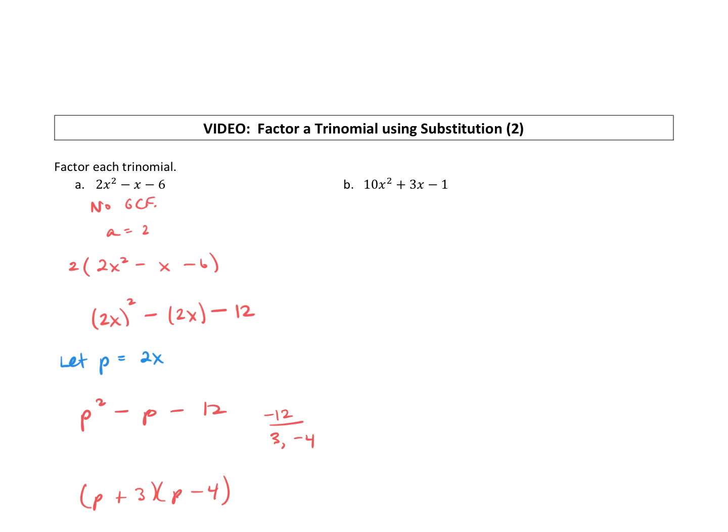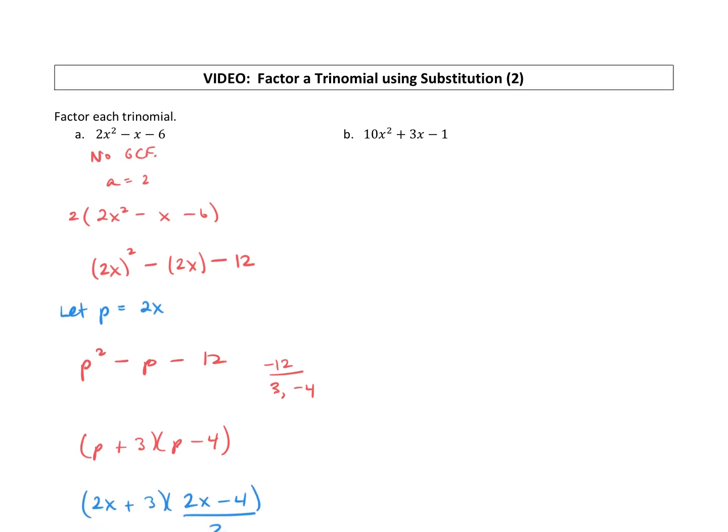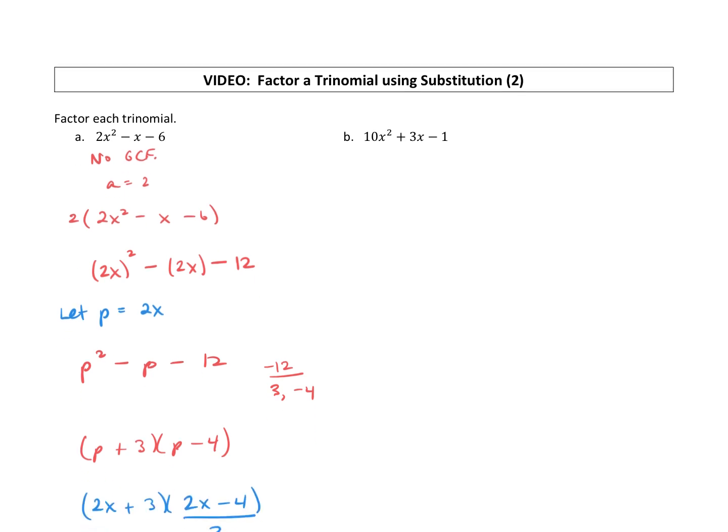All right, so we're going to try one more. We have a trinomial to factor, 10x squared plus 3x minus 1. We look for a GCF first. Do we have a GCF? There is not one, so we're going to say no GCF. All right, so let's identify our a value is 10. Let's multiply the whole trinomial by 10.